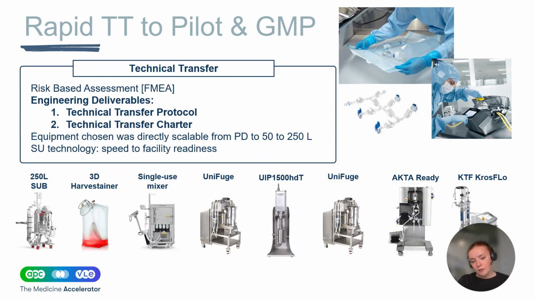Our single-use mixer, we would have looked at characterizing those mixers using CFD and seeing can we match the mixing. The harvest strainer, Thermo Fisher had some scaling correlations for these. And similarly for our ÄKTA, we'll scale based on our linear velocity and our column size. So it was a direct like for like transfer that we were able to do, which was great.